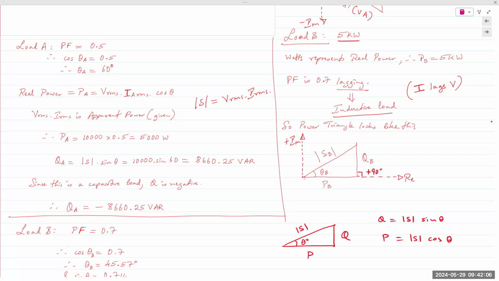Okay, so you plug in those values, and you'd obtain average power and the reactive power for element A. Make sense?